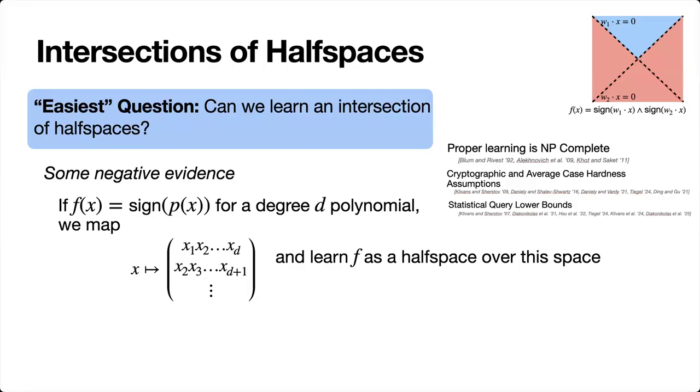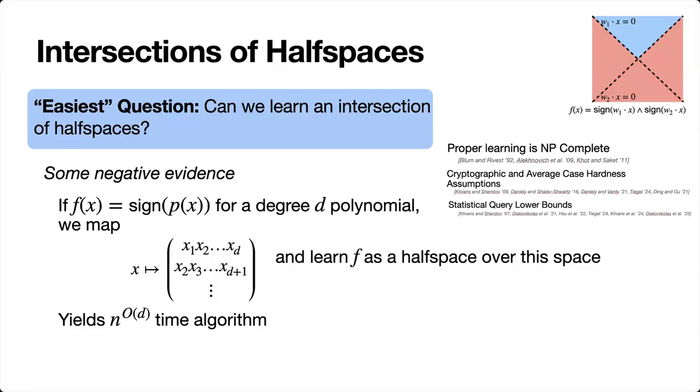Over this new feature space with these bigger vectors, we now have that the function is exactly a half space, because I can take the coefficients of this polynomial as my vector, and this will correctly label the points. And because we can learn half spaces efficiently, I can roughly run this algorithm in the time that it takes to write down these vectors. So it takes me n to the O of d time in order to learn a class with this property.